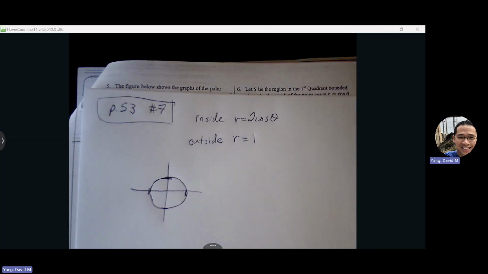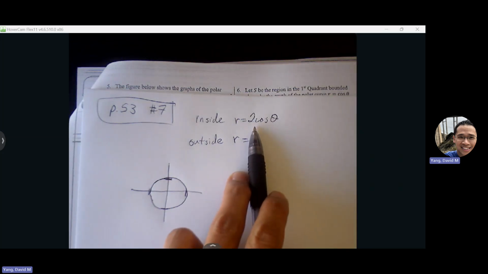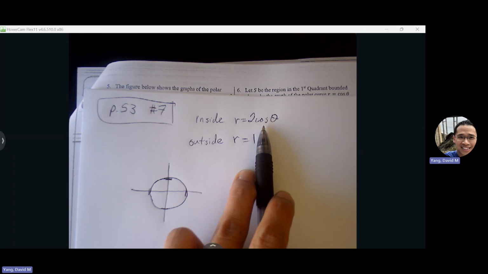And then R equals 2 cosine theta is just a circle with the diameter of 2, and it's going to be symmetric about the x-axis.